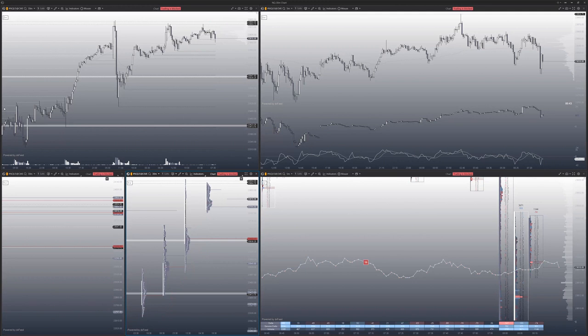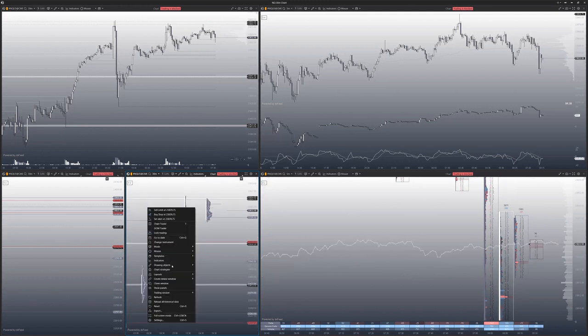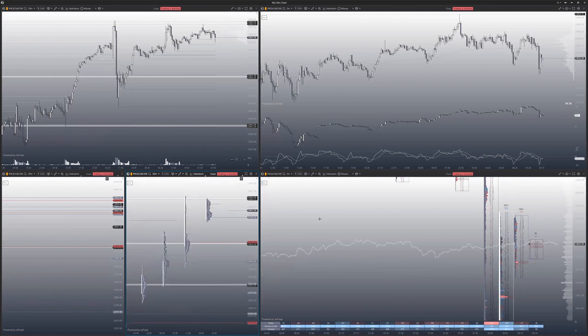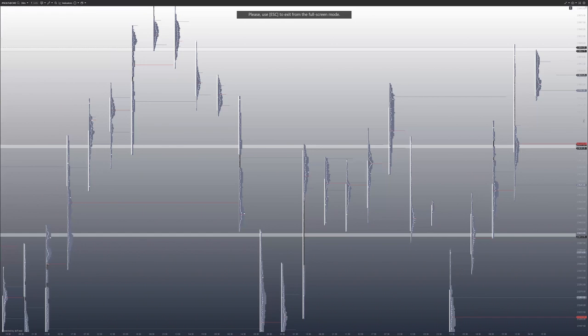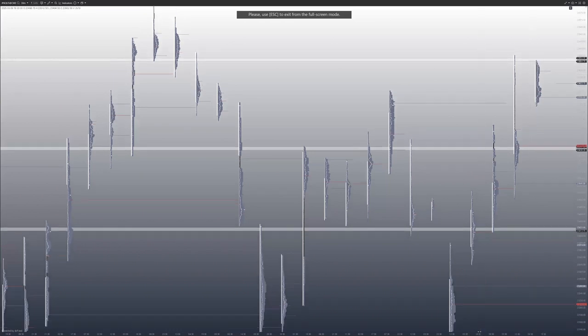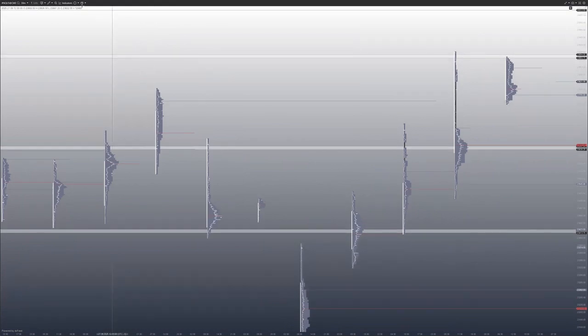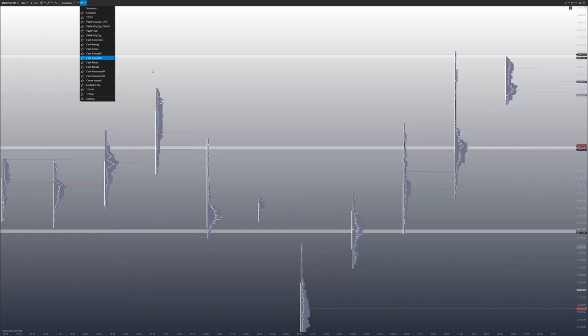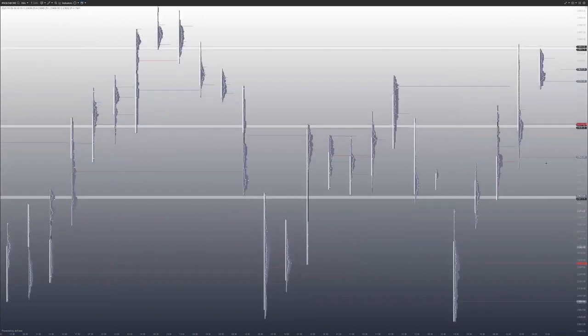So let me change a little bit here. I show you how I draw the zones. It's very simple how I draw the zones. Let's check if this was the right template to do. So, let's see.